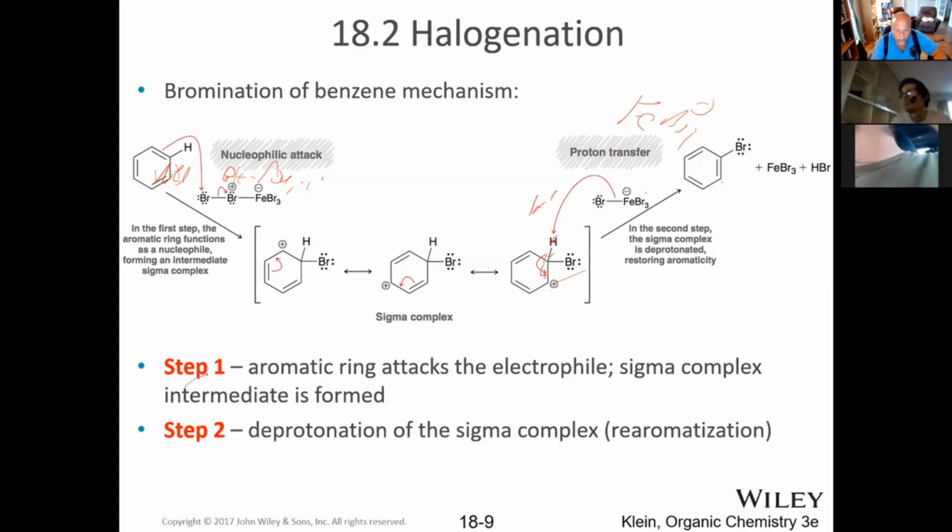And essentially, step one is the aromatic ring attacks the electrophile. The aromatic ring is the nucleophile here, and the electrophile there. And I like to view it as this positive thing will attack there to attach this bromine to it, and then you get the reaction taking place, and then the deprotonation is the second step.